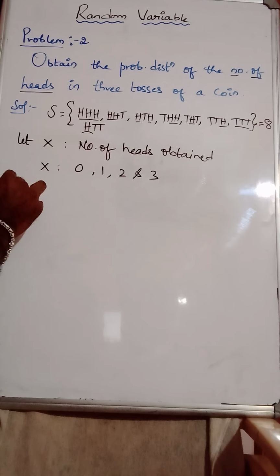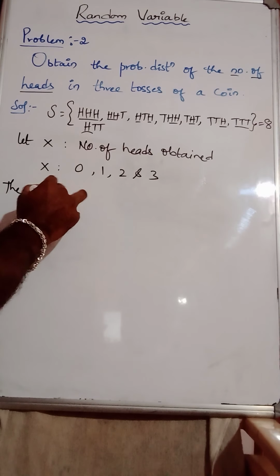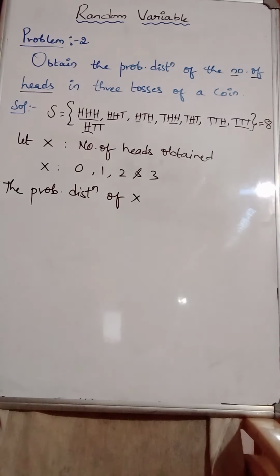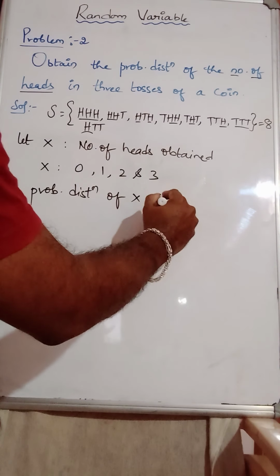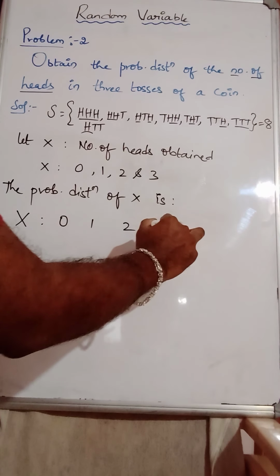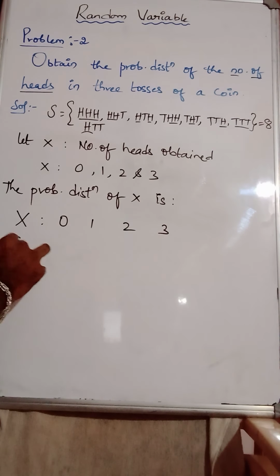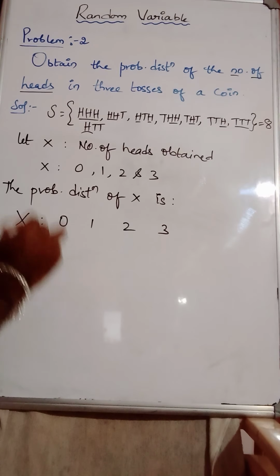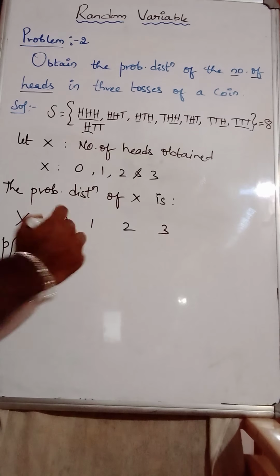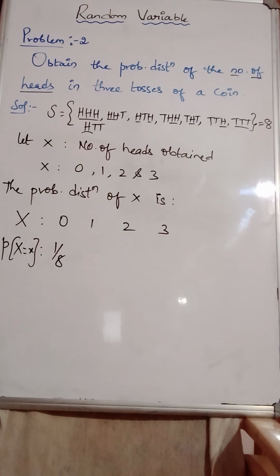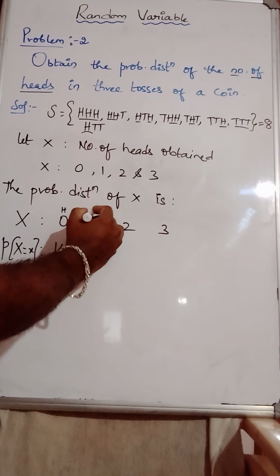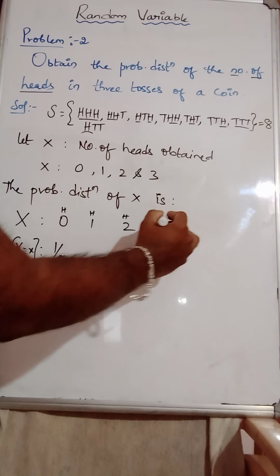Write down. The probability distribution of X is: X equals 0, 1, 2, 3. Then the probability of getting 0 heads, how many were there? Tail, tail, tail. So 1 by 8.